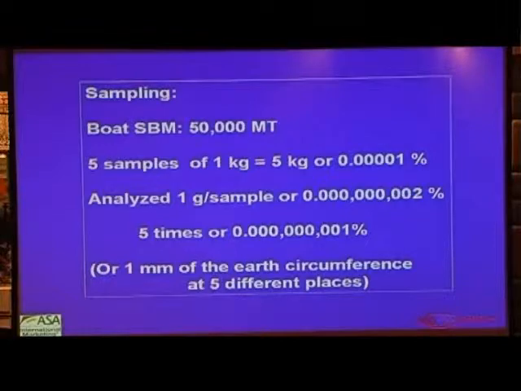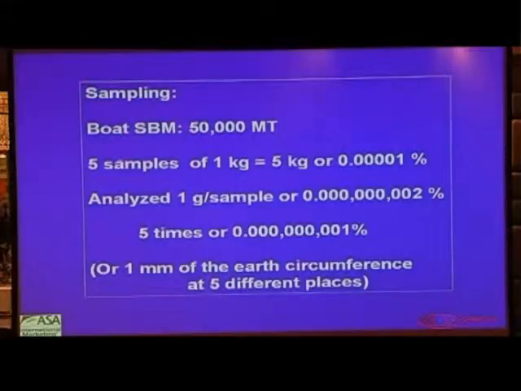This is an example of how we sample in the feed industry, but it really expresses well how reliable it is, or basically how much of an uncertainty we're dealing with. If you take a boat of 50,000 metric tons, 5 samples of 1 kilo is 5 kilograms.